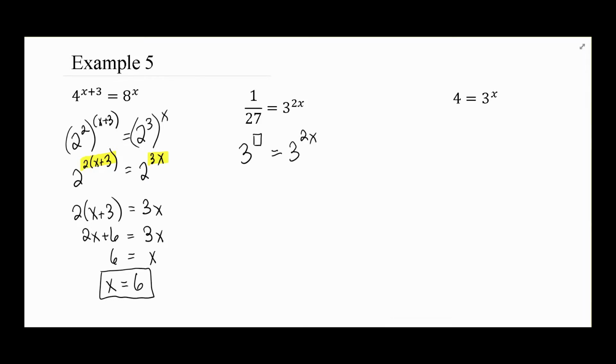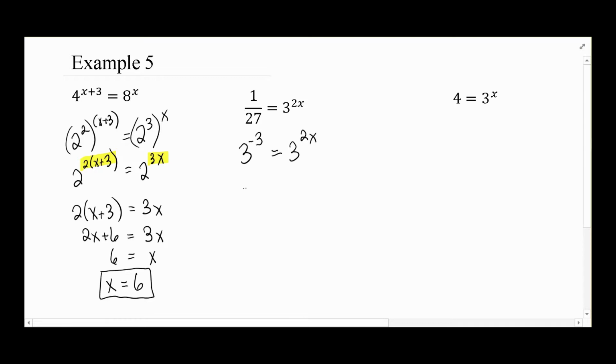Now the fact that it's a fraction tells me I want a negative power, because negative means take the reciprocal or put it on the bottom. So we know it's negative, and then 3 to the third power is 27. So that's what we've got to remember about powers, is that negative powers mean to take the reciprocal.